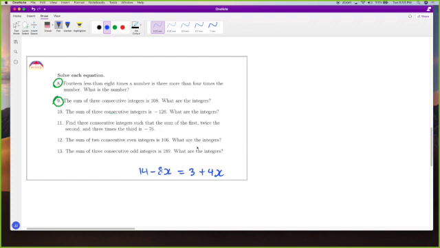Anybody else? 8x minus 14 is equal to 4x plus 3. Yes. See the mistake you made, Isaiah? Wrong spot. Right, so it's 14 less than 8 times a number.